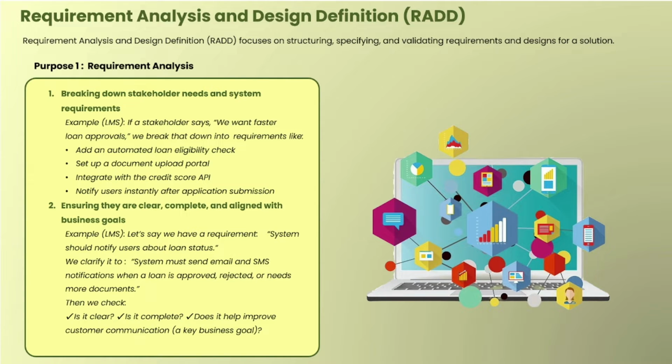So here we can clearly say that stakeholders use only very few words. We want faster loan approvals, but it's our duty to convert them into measurable and workable requirements, as we have seen now.